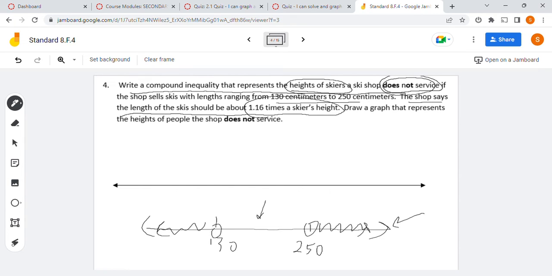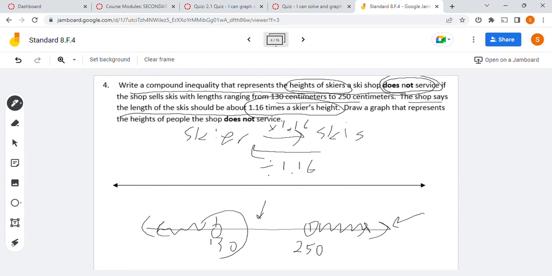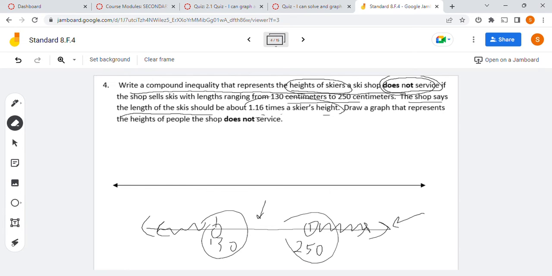So if we go from the height of the skier to the height of the skis, then we are going to multiply by 1.16 to get that height. But we started with the skis and want to go back to the height of the skier, so we need to divide those numbers by 1.16 to transfer them over to the heights of the skiers. So that's what we're going to do with these two numbers, and that will adjust to get us the answer that we need. We need to just divide those by 1.16.